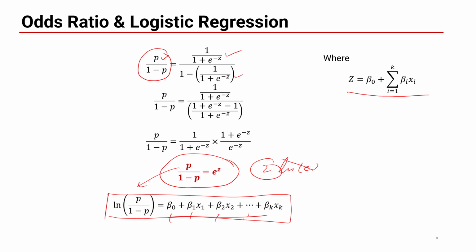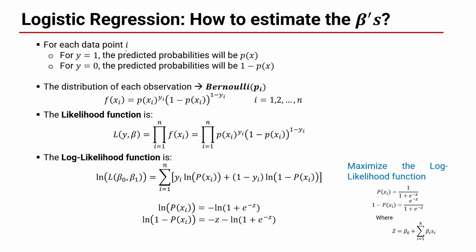So how can we estimate them? We already know that if y is equal to 1, that indicates the prediction probability will be the probability of data point x. Similarly, y is equal to 0 means we can calculate the prediction probability with the help of 1 minus p of x.